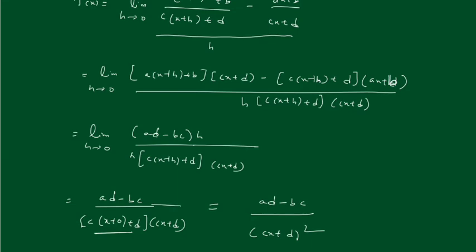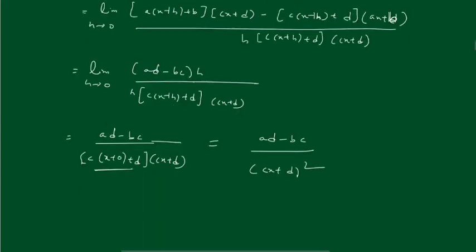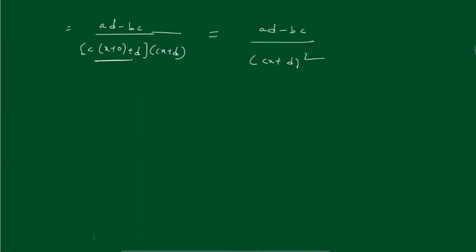After simplifying we get ad minus bc. So here the derivative of (ax plus b) by (cx plus d) is nothing but (ad minus bc) by (cx plus d) whole square.